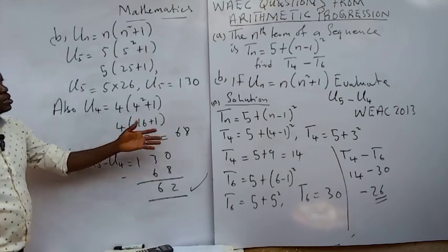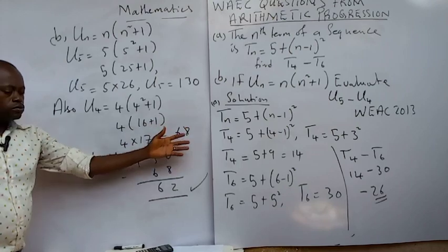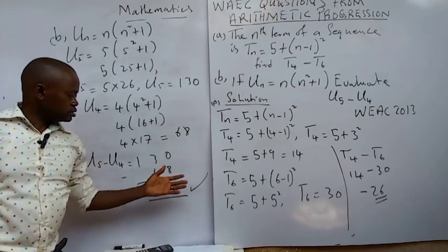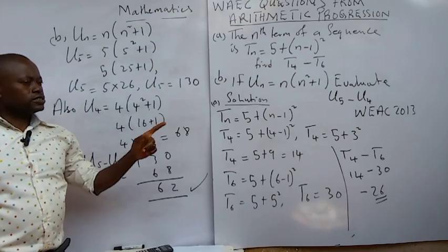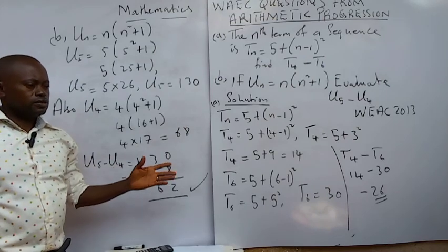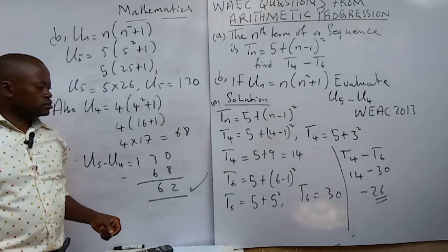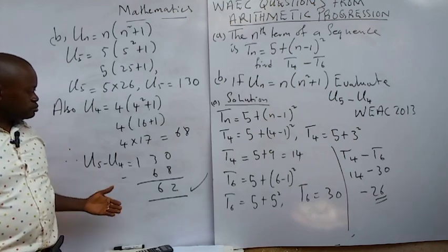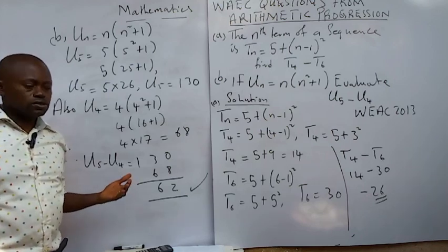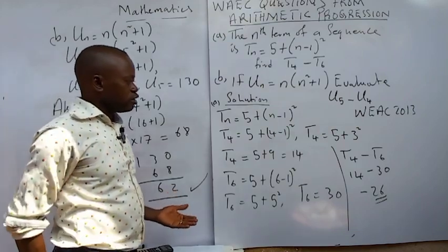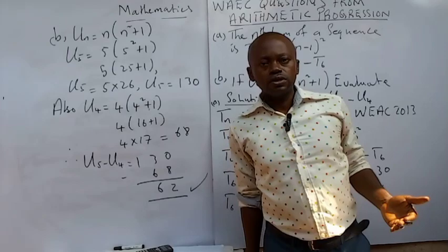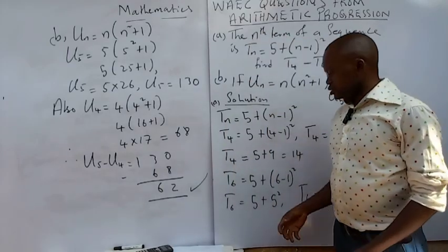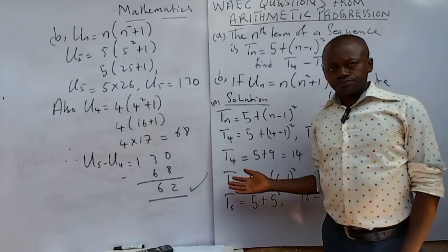Okay, so this is how to handle problems like this that can come from rules that generate a sequence. I'm trusting God that my explanation is sufficient enough to help you to understand this type of question when it is given to you.